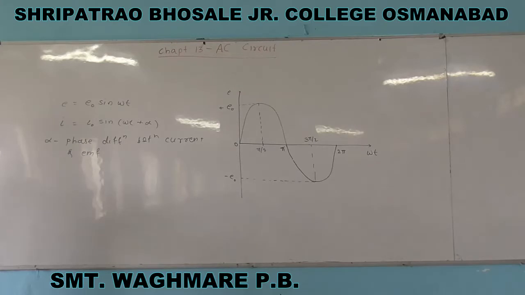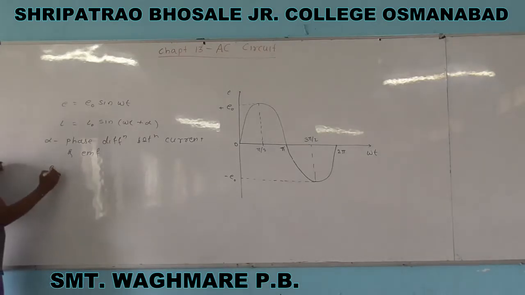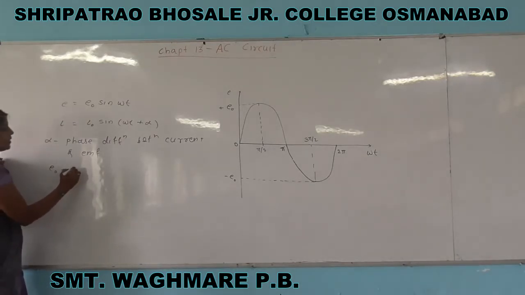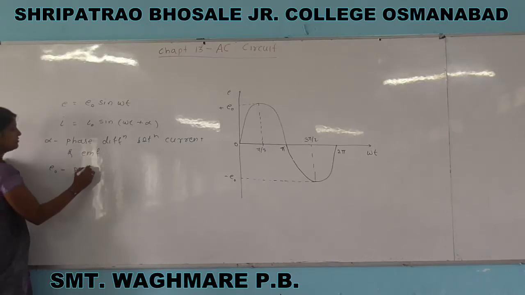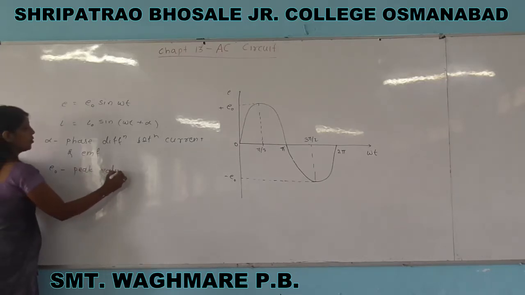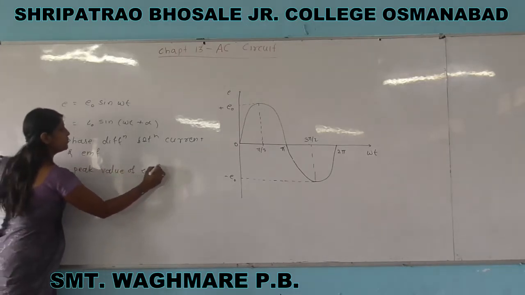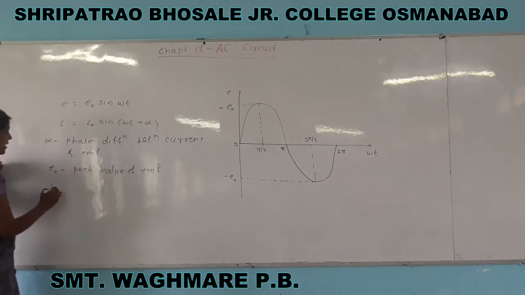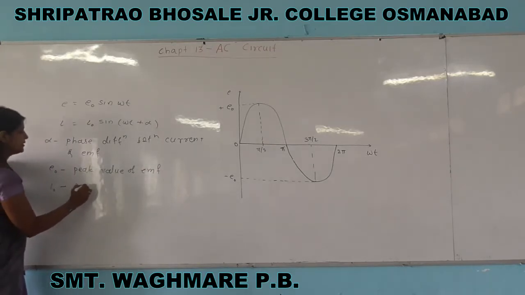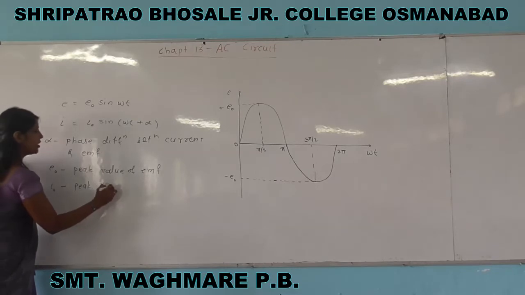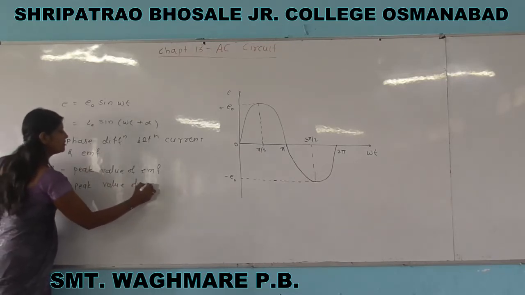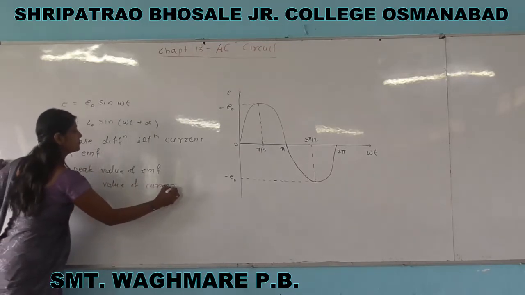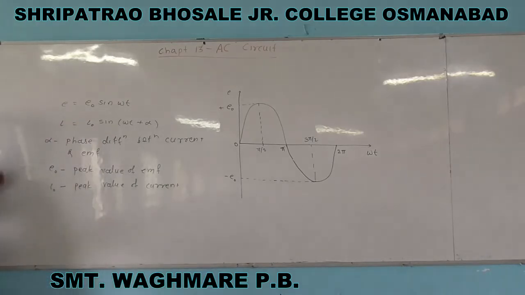E naught is the peak value of EMF, and I naught is the peak value of current.